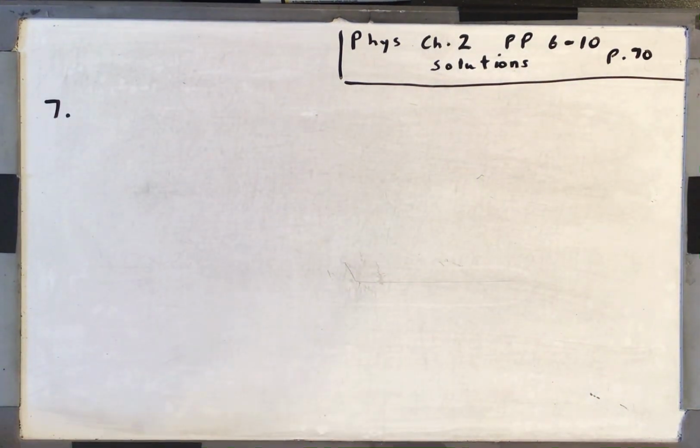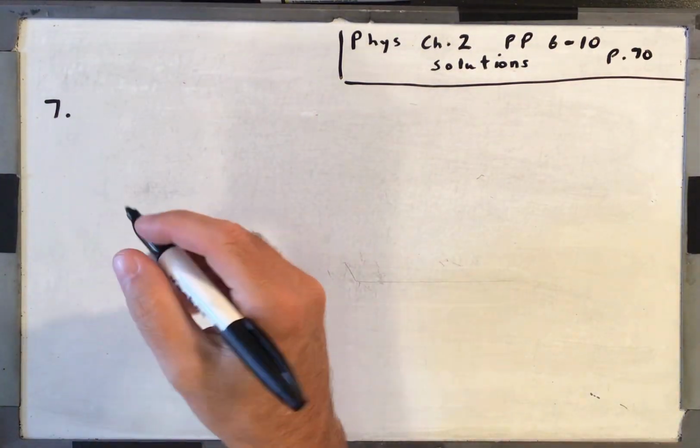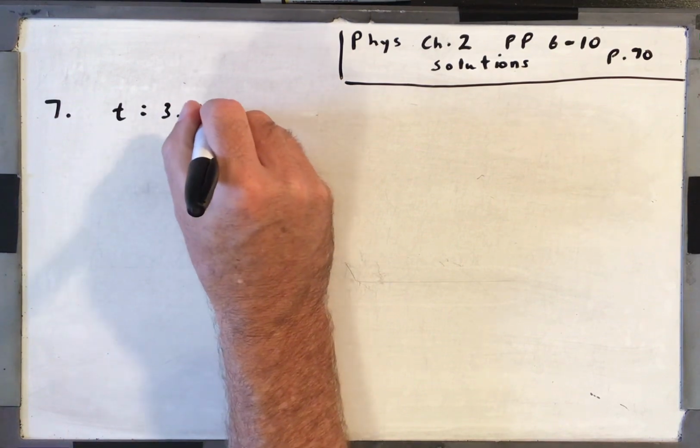Okay, number 7 says that a physics student drops a rock off of a cliff, takes the rock 3.5 seconds to reach the bottom of the cliff. How tall is the cliff in meters? Okay, we know time, 3.5 seconds.